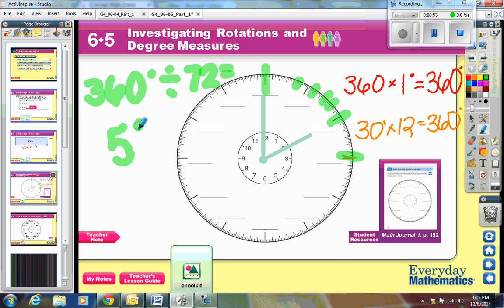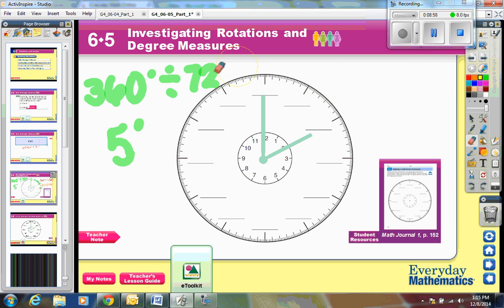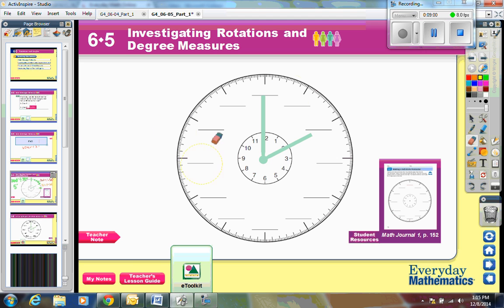Now, on your math journal page, I want you to write your 0 degree underneath the large mark for your 12 o'clock. There's your 0 degree.